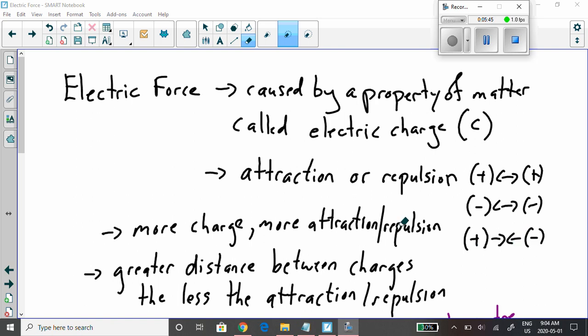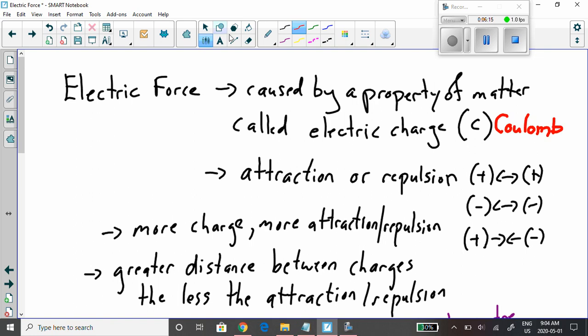Different than gravity. What is the same, though, and it would make sense, I think, common sense, sort of a gut feeling, just like if you have more mass involved with gravitational force, if you have more charge, and remember, charge is measured in, let me write that down right here, the coulomb. All right, so it's not measured in kilograms, measured in coulombs.